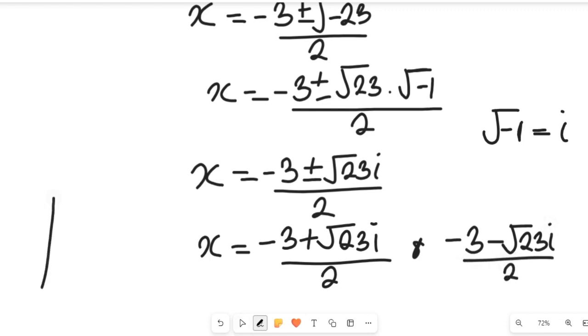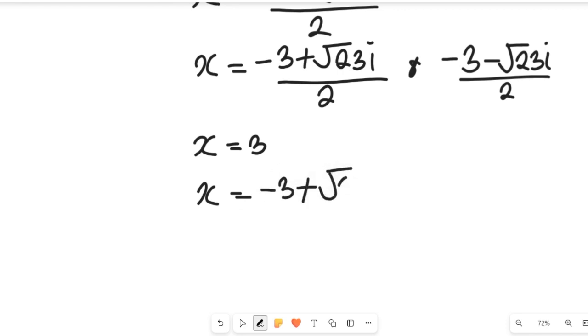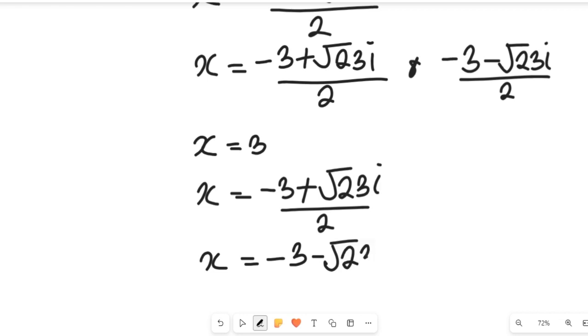Now the whole expression, the solution to that equation, the values of x for that polynomial equation, is x equal to 3, and x equal to negative 3 plus the square root of 23 i, divided by 2, and x equal to negative 3 minus the square root of 23 i, divided by 2.